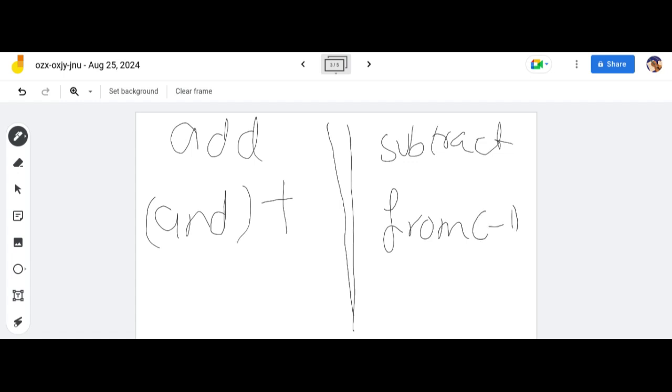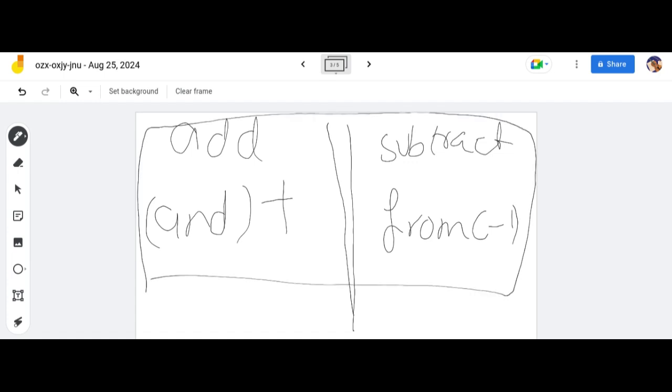Subtract this number from this number. Add these two. Okay, I hope now you understood. You have to draw this table in your notebook at the side corner. That will help you to remember. Done? Almost, yeah.